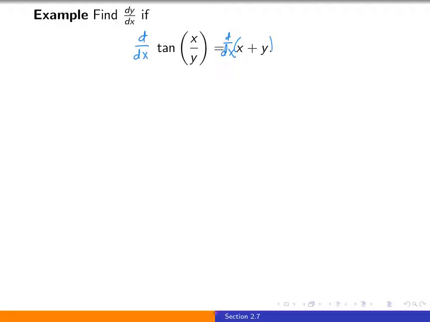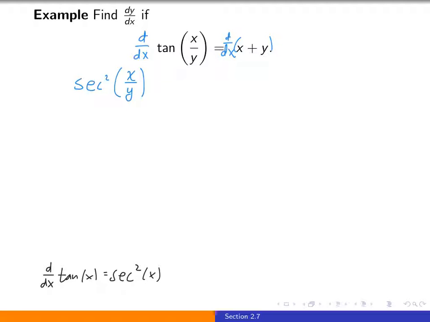Now on the left-hand side, when we differentiate with respect to x, we have tangent composed with x over y. This is a chain rule problem. So we take the derivative of the outside function, secant squared, evaluate it at the inside function, x over y. And I should remind you that this is a common formula that we encountered. The derivative of tangent of x is secant squared of x.